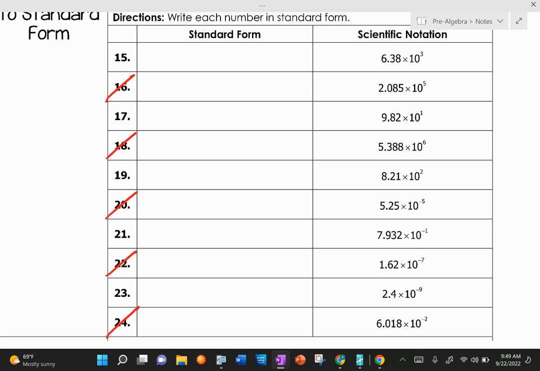Just make sure that you put the 8 in there. But yeah. The 8.